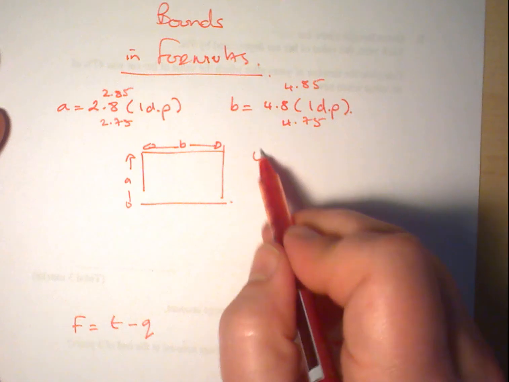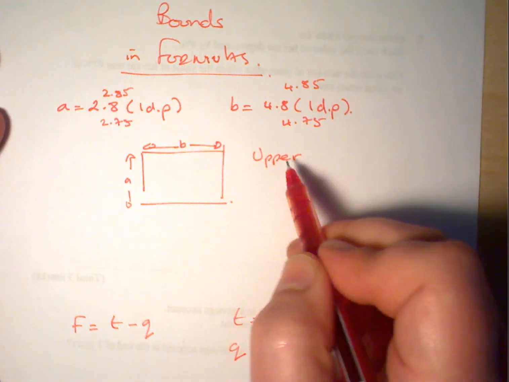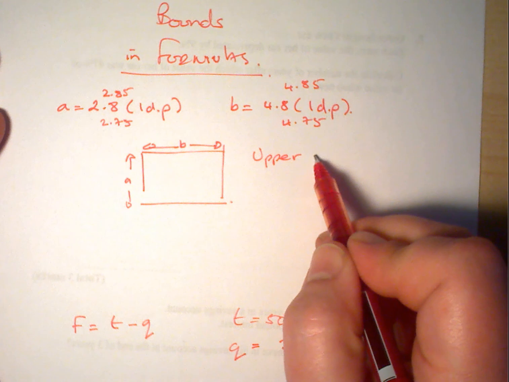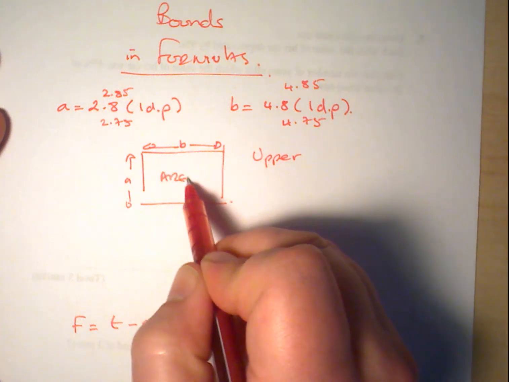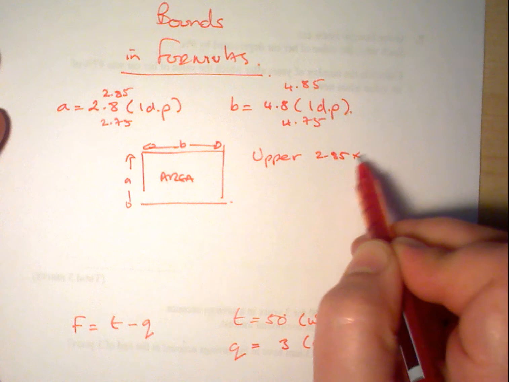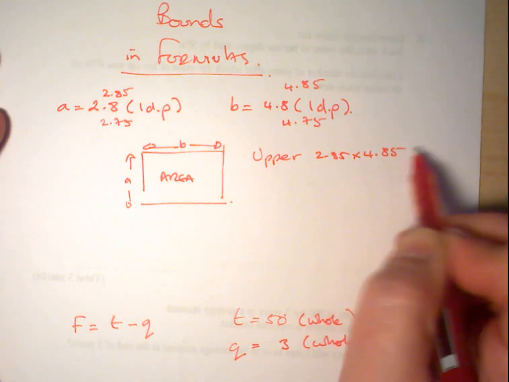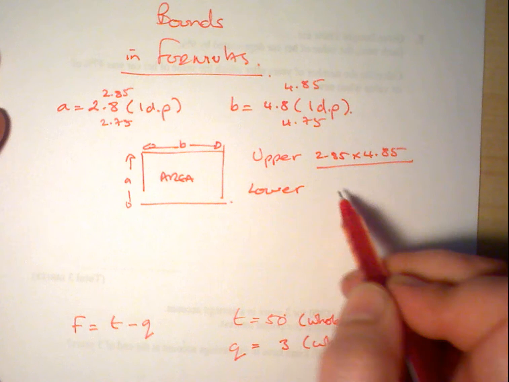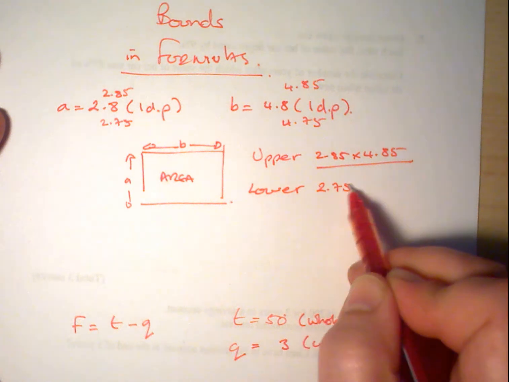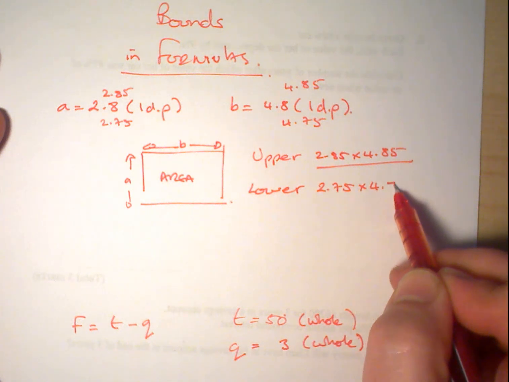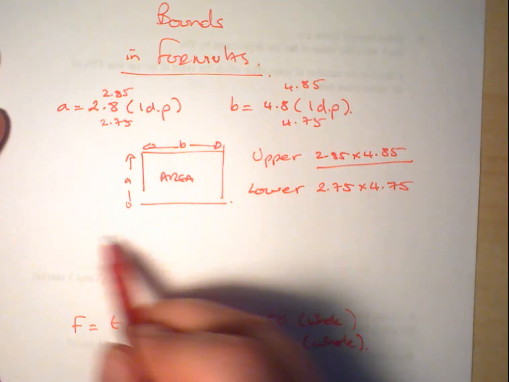Now if you want the upper, then you're just going to use the 2 biggest numbers. So the area required here is 2.85 times 4.85, and you just put that into your calculator. If you want the lower bound, you're just going to use the 2 lowest numbers, 2.75 times 4.75. All nice and easy.